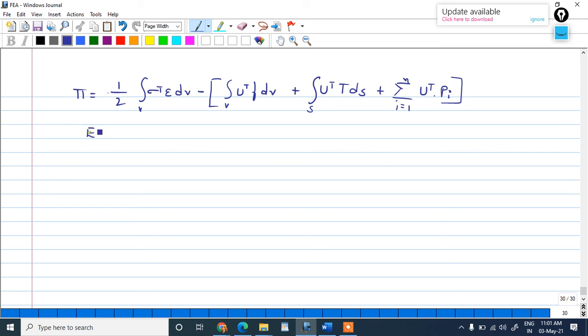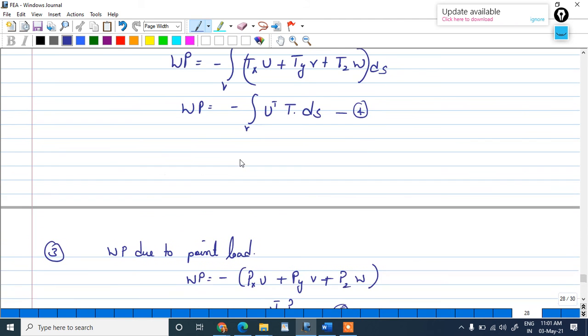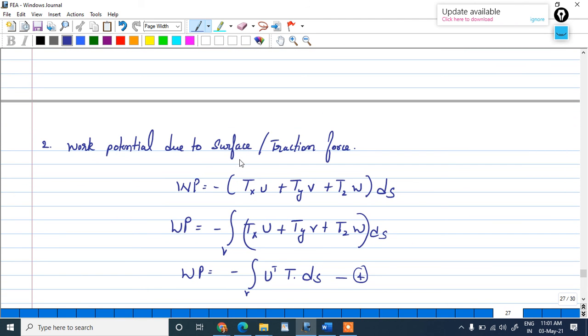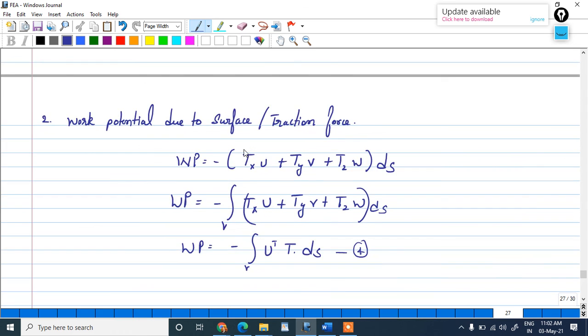Expression for potential energy functional for three-dimensional body. Okay, now this is the potential energy method. First, what we have discussed was the displacement method. This is the potential energy method.